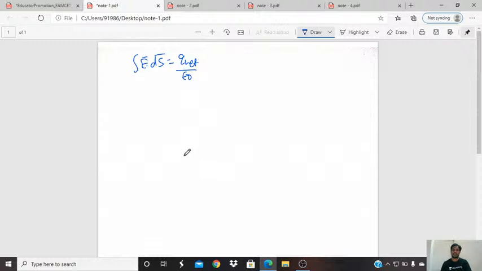Here total charge means always we have to take in a closed surface only. For example, here it is a box. Outside, a charge is there. So due to this charge, what is the flux here? 0, because net charge is 0.